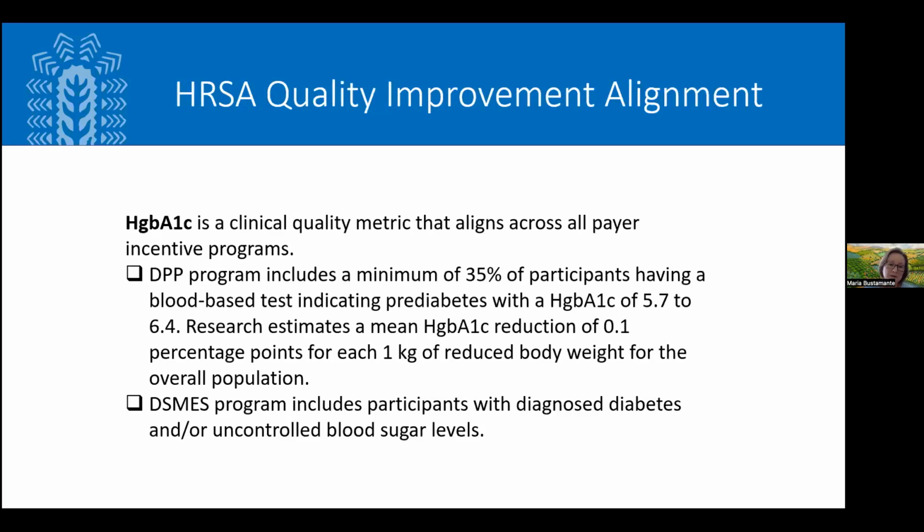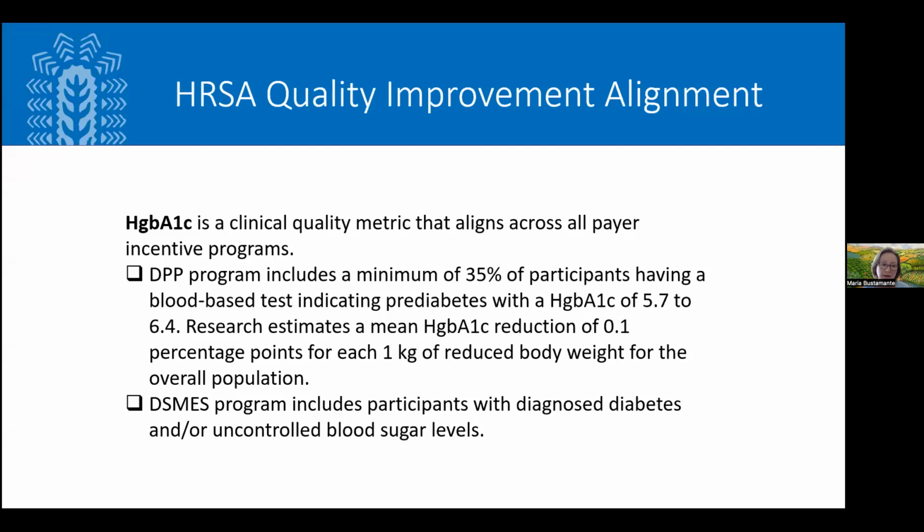So what is the common link between diabetes prevention and diabetes self-management with our diabetes improvement plans? That would be where the quality improvement alignment falls under. And that is going to be your A1C measure, most generally.